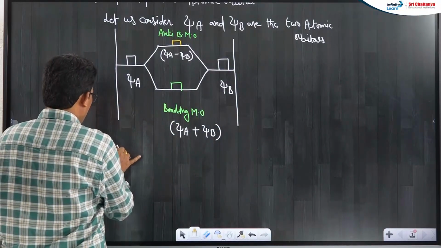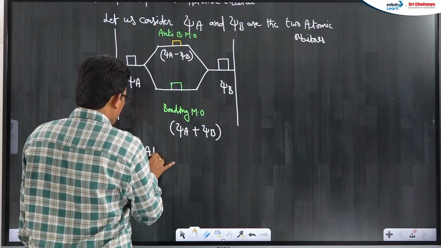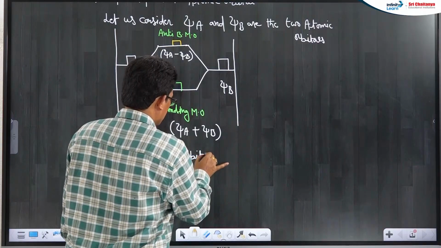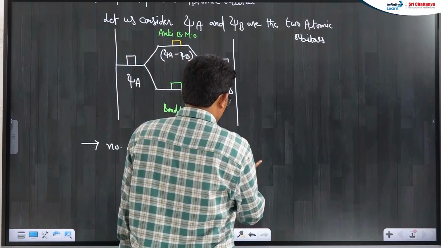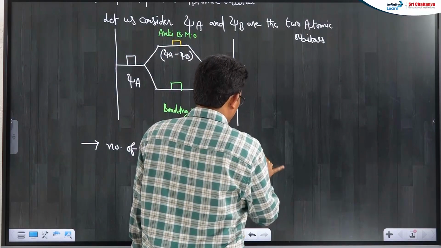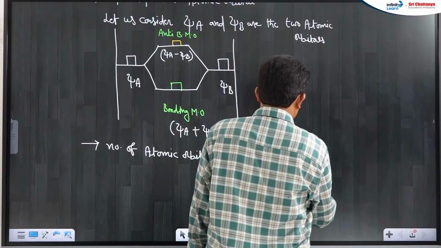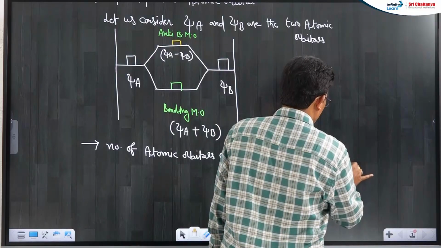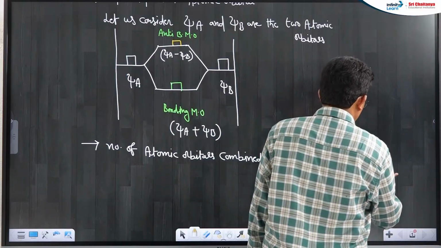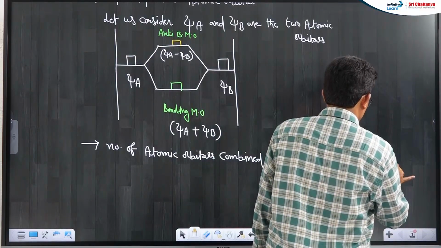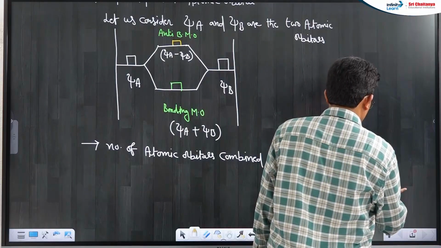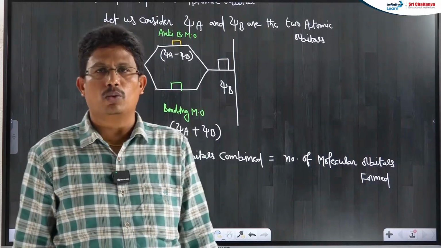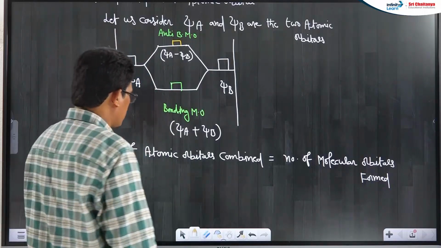Here, the number of atomic orbitals combined is equal to the number of molecular orbitals formed.